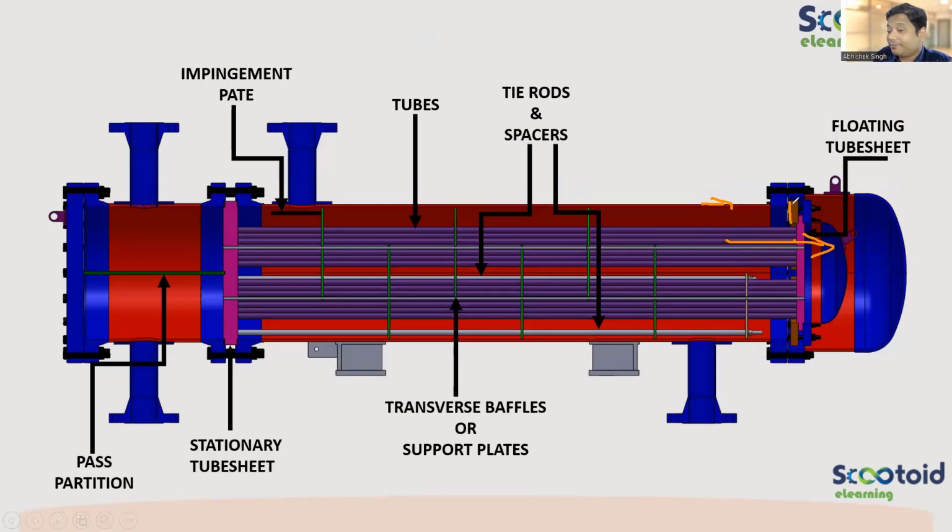There is a flange here, you can see, and there is one more flange. This is called backing device. The first one is called split flange. Split flange and backing device. Don't worry if you don't remember the names of these. Even if you just remember how this works, that is good enough.